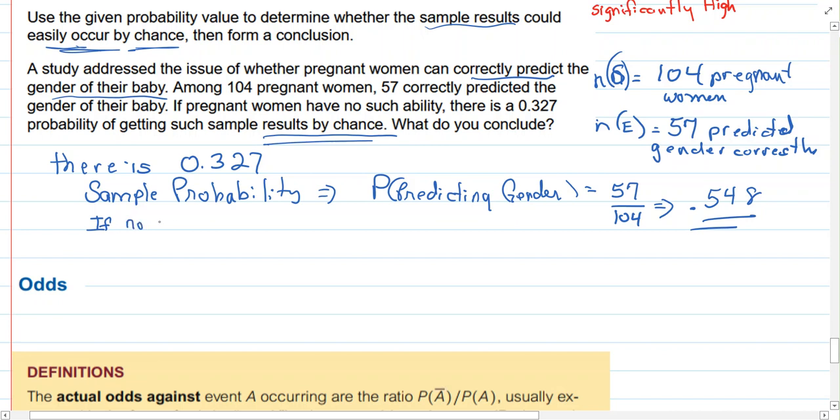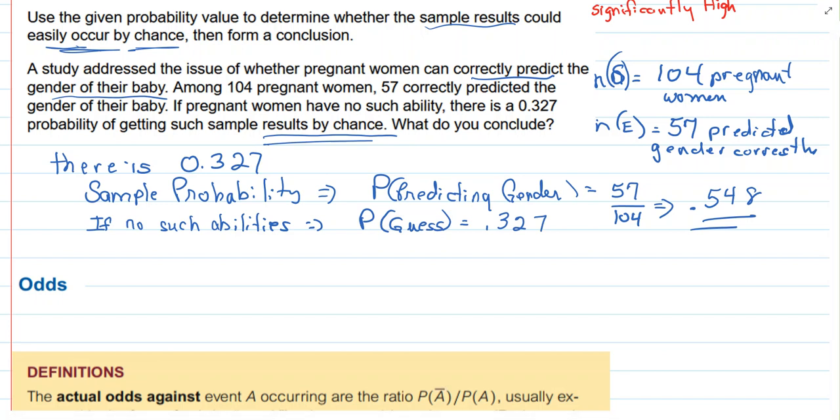If no such ability, the probability of a guess, generally, from some other study, I'm sure, with a larger sample, is 327 thousandths. So let's do some math.